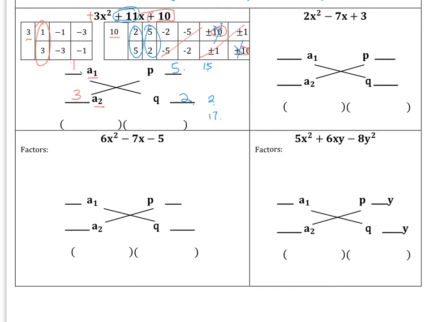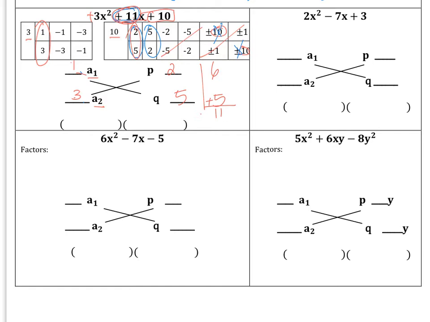So as you get better with these, you'll be able to tell more quickly which one to use or which pair. So it has to be 2 and 5. 3 times 2 makes 6. 1 times 5 makes 5. Add these together, and 11 will be equal to the coefficient of the second term of the polynomial.